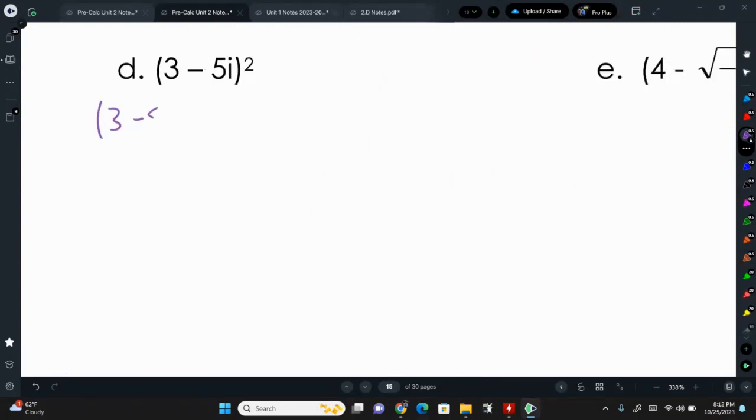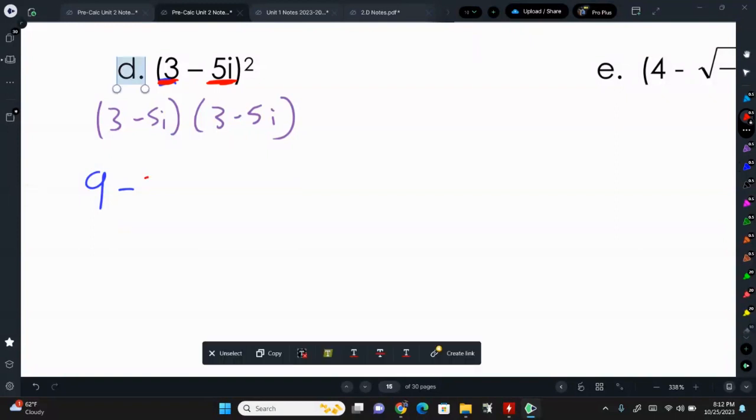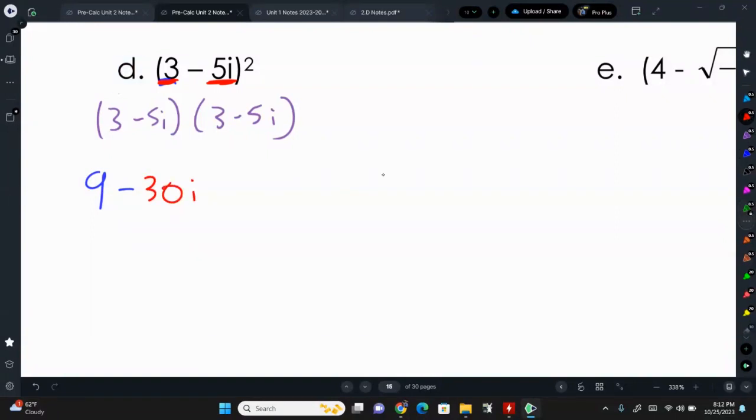So 3 minus 5i squared is 3 minus 5i times 3 minus 5i. And we could do the shortcut as well, where we multiply the first term squared, so 9, minus 3 times 5i times 2, which is negative 30i, and then plus the last term squared, so negative 5i times negative 5i is positive 25i squared.